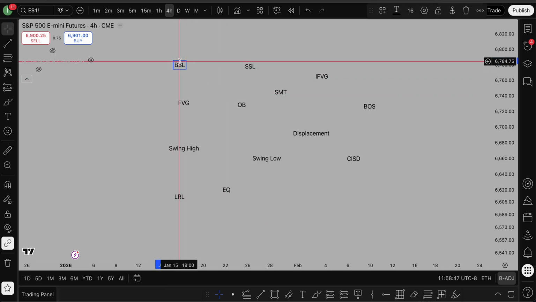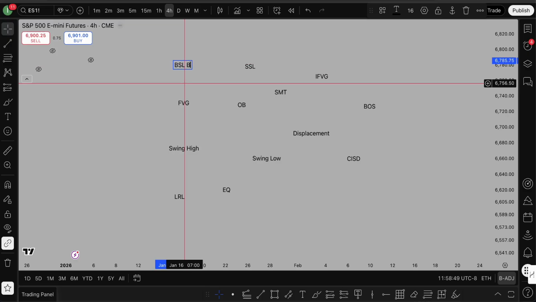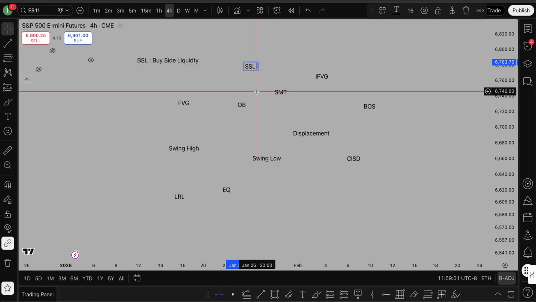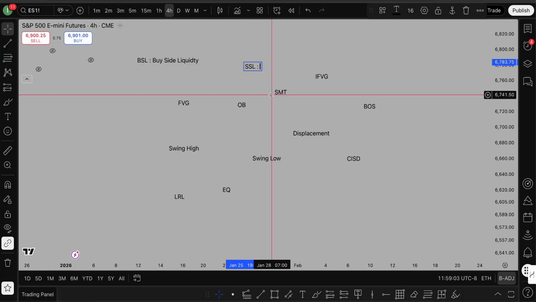So BSL, if you ever see BSL, this stands for buy side liquidity. Mind you, I'm just going to run through these real quick and add their actual full name. So this is sell side liquidity.